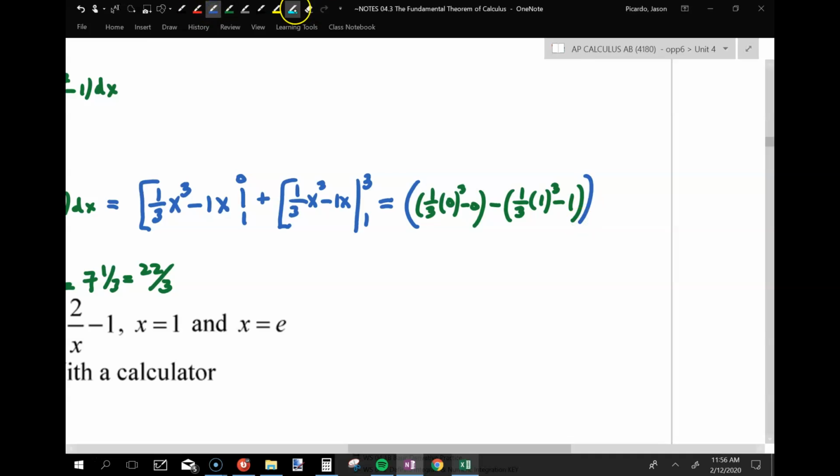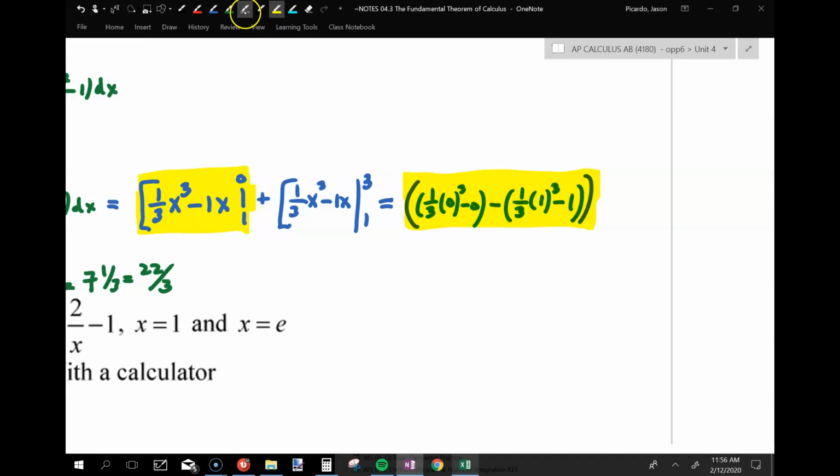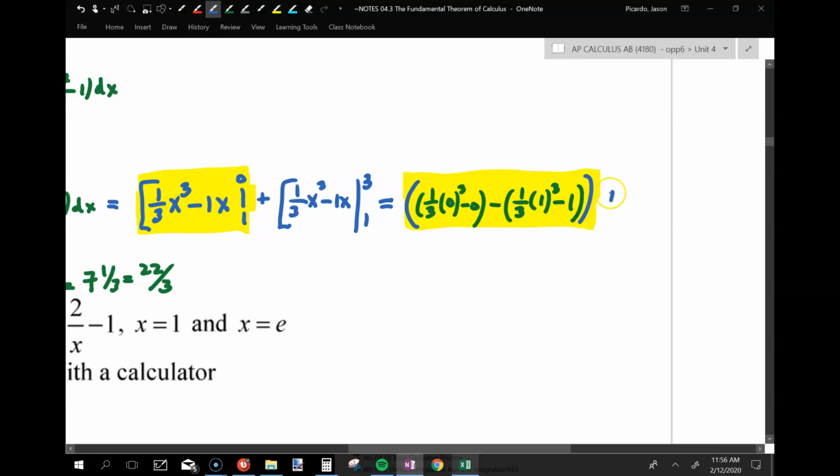All right, so just to make sure everybody is cool, this piece right here is that integral. And then what am I going to wind up doing? I'm going to wind up adding this one.